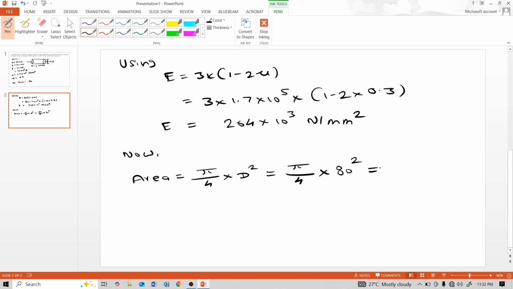Pi by 4 into 80 square is 5026.55 mm square, and volume is area into length.